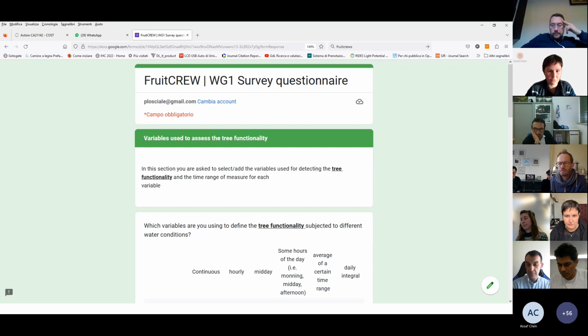Okay, so we need data for sure on those. But for example, if your background is just on cherry, so if you don't have any data on those species, then it's okay to upload a database also on cherry. I mean, we don't want to exclude these species.